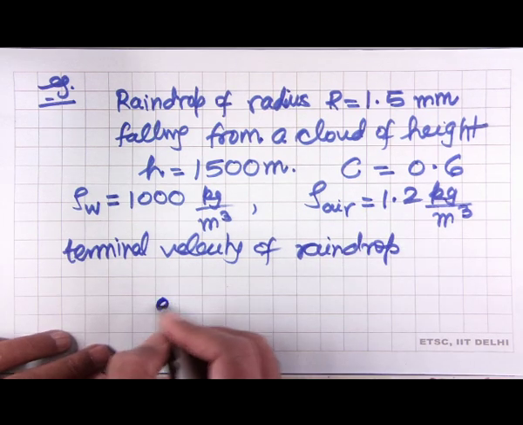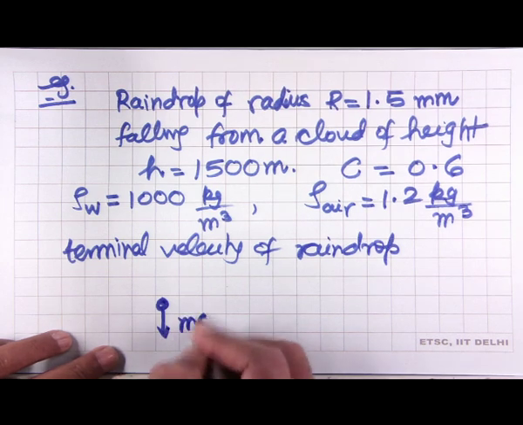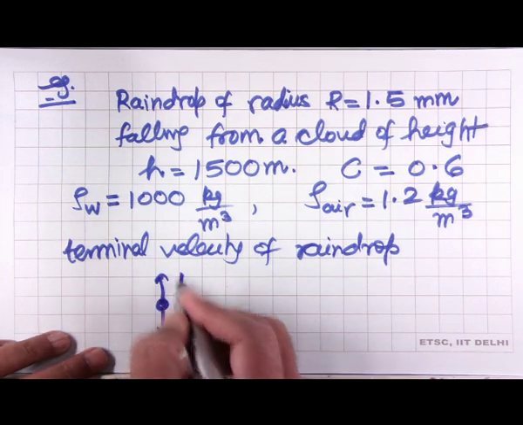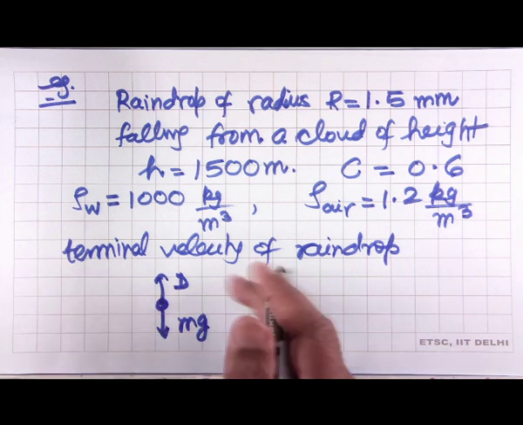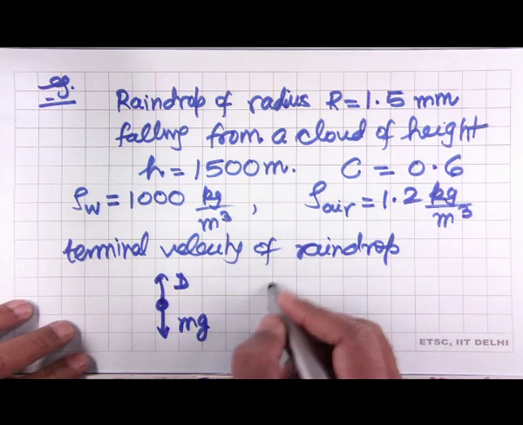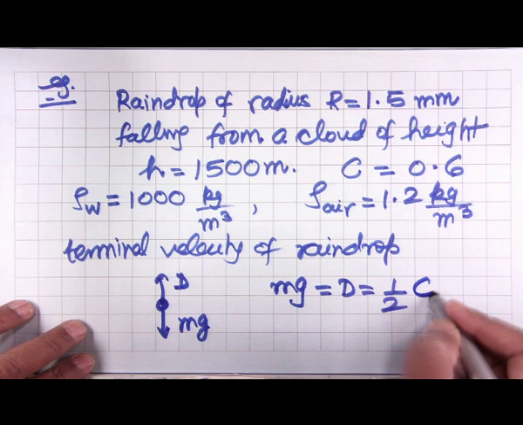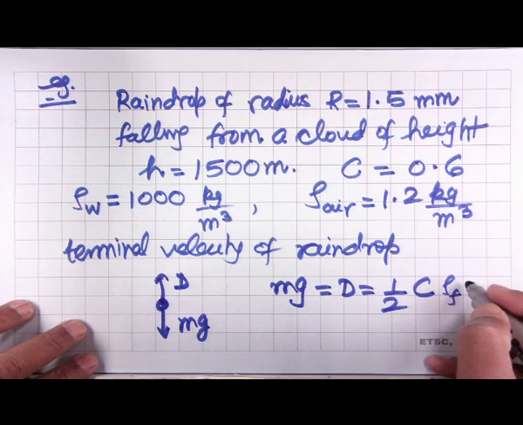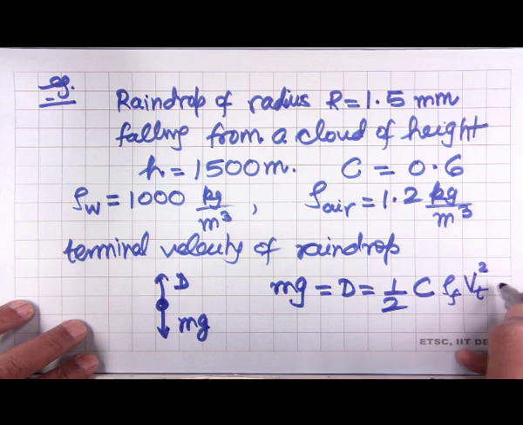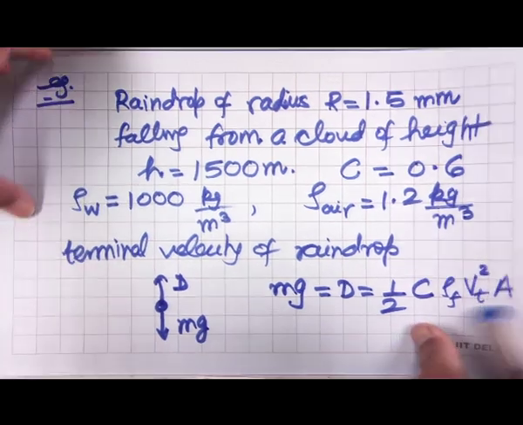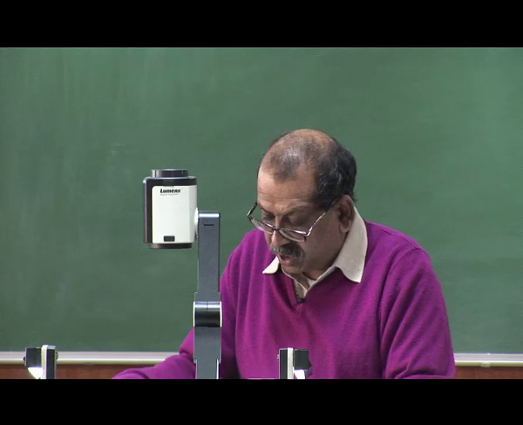If we draw the free body diagram of the raindrop, we have this mg, we have this drag force, and because we are talking of terminal velocity, these two must be equal. So, mg is equal to D, which is equal to half C times rho f times Vt square times A. Now let us work it out.